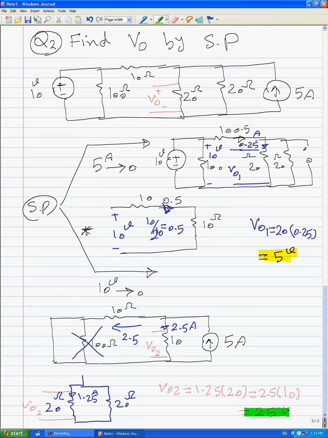Okay, this is the final answer for the second part of the superposition technique. And finally, Vout is equal to Vout1 plus Vout2, and is equal to 5 plus 25, which is 30 volts.